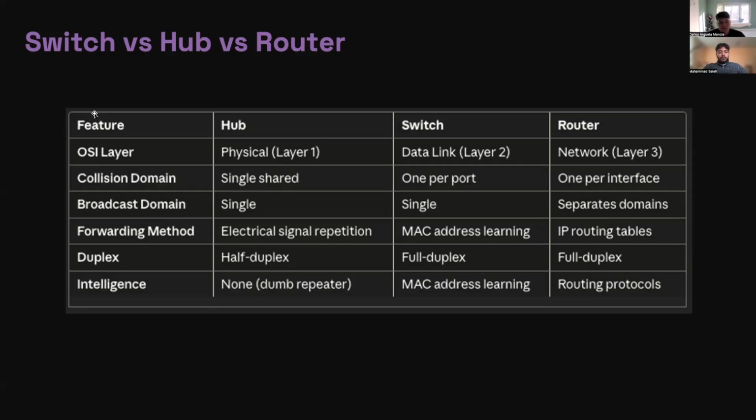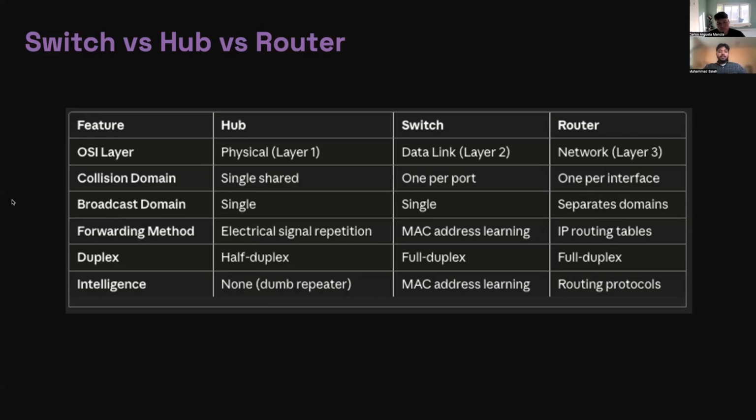And then we can see other information like broadcast domain, which is single on the hub and the switch, but on the router you can have multiple domains, and that just means you can have multiple networks. And also the duplex, the hub only supports half duplex. Meanwhile, the switch and the router also support full duplex. And intelligence-wise, a hub is dumb.